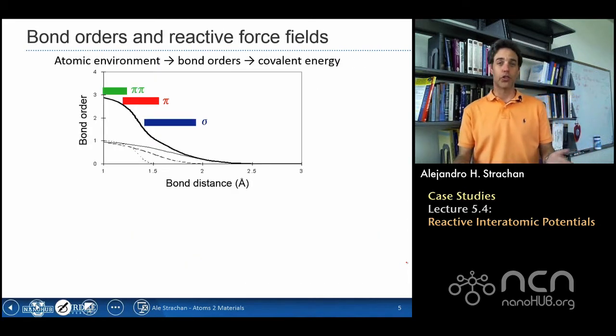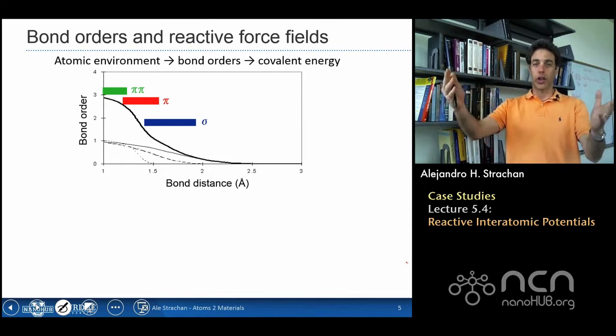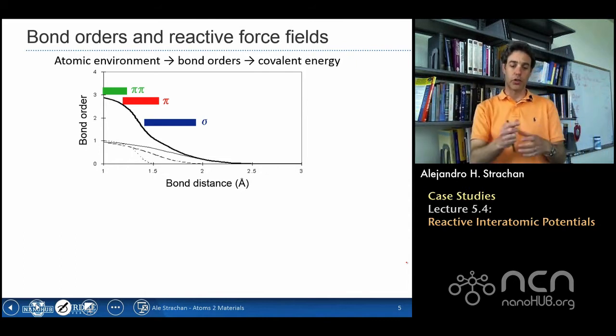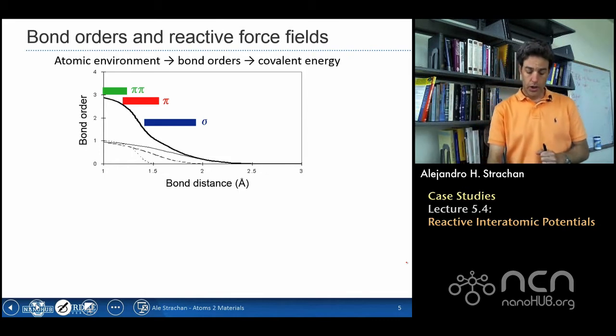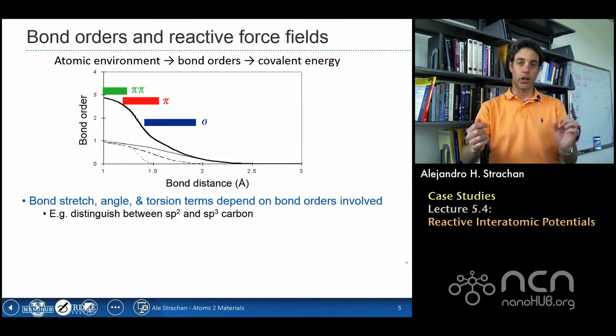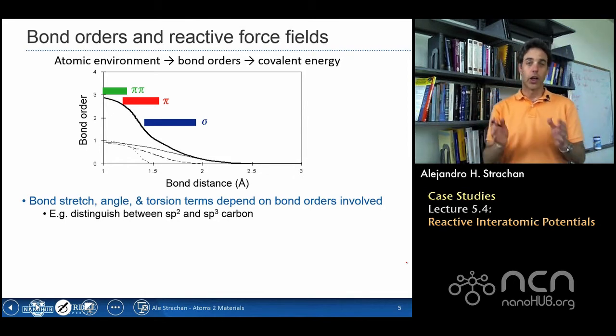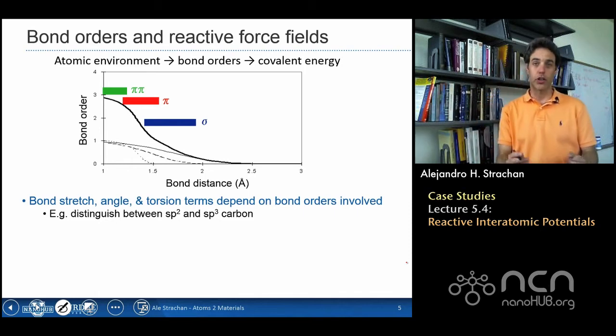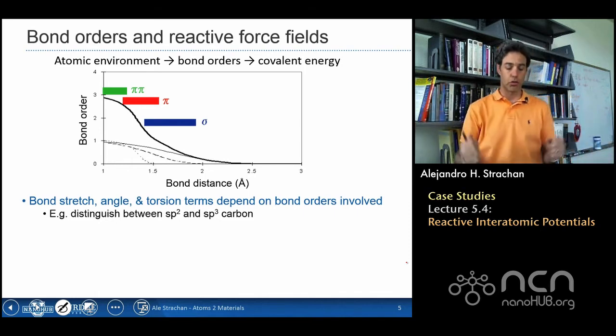So based on the atomic configuration, we can compute the bond order between all atoms, which depends only on geometry, and that then affects my bond stretch, bond angle, and bond torsions.